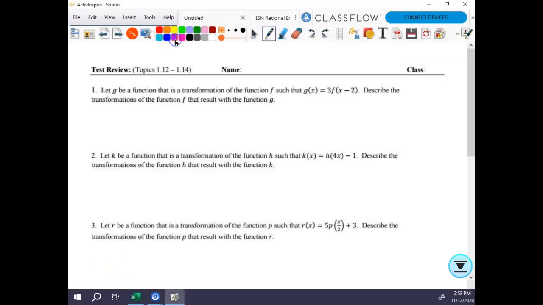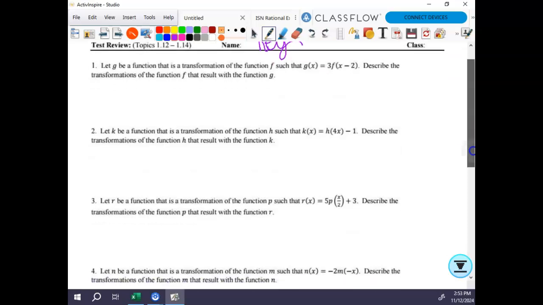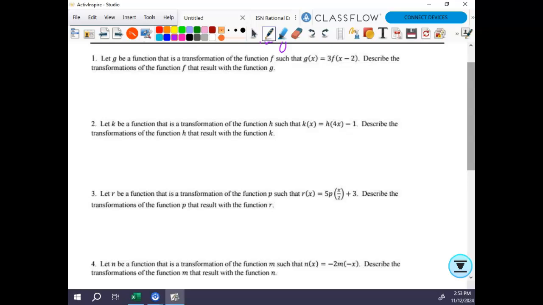All right, so here is your key to your classroom test for 112 to 114. Number 1 says, let G be a function that is a transformation of the function f such that G is equal to this right here. We're going to describe the transformations of f that result in the function G. We're going to write them down from left to right.